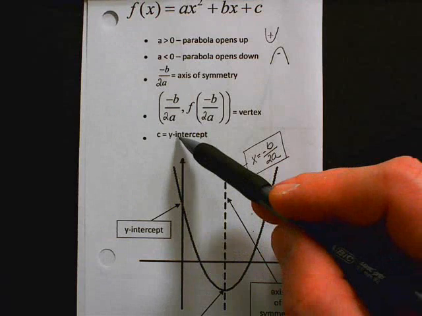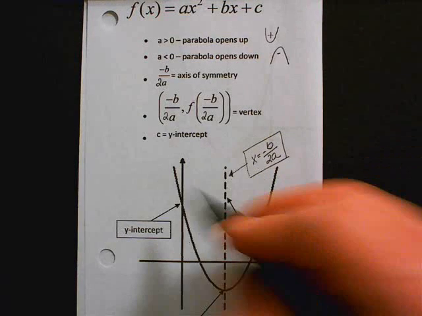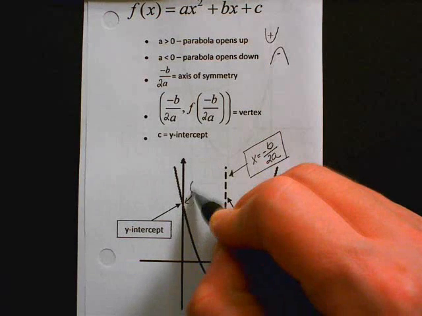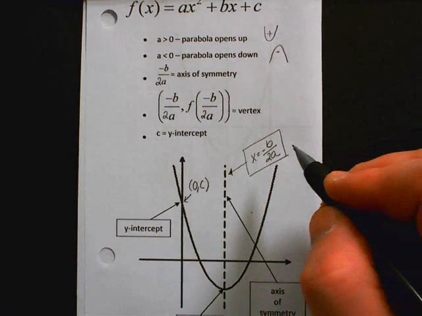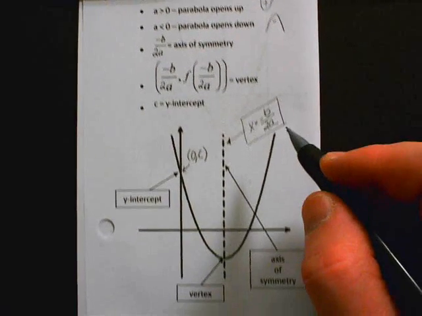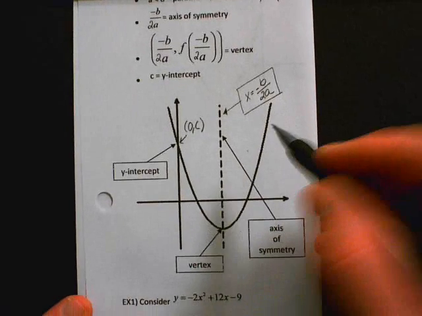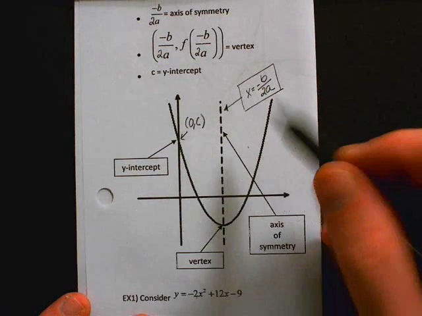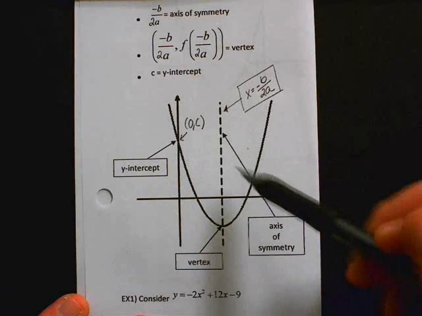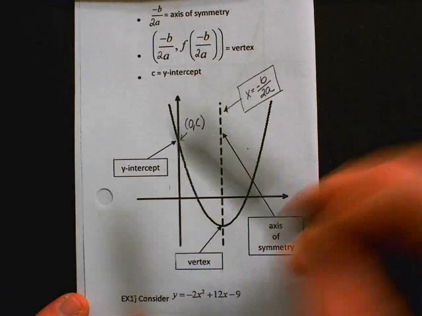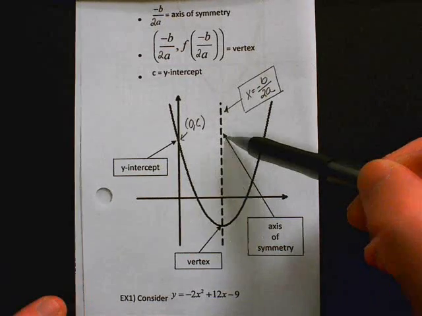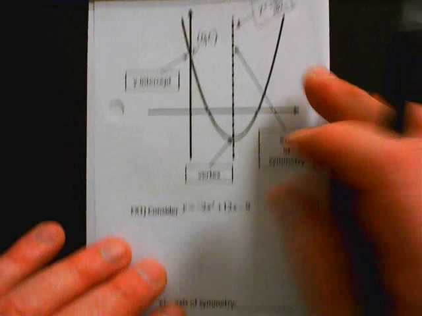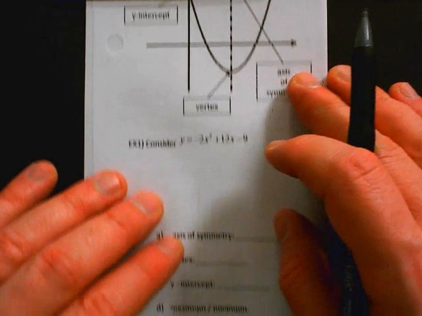So let's look at some actual problems down here. Again, you have this diagram that illustrates the parts of the parabola. Here's the y-intercept, the vertex, and the axis of symmetry. So let's look at an actual problem. We're going to try to graph this function, y equals negative 2x squared plus 12x minus 9.